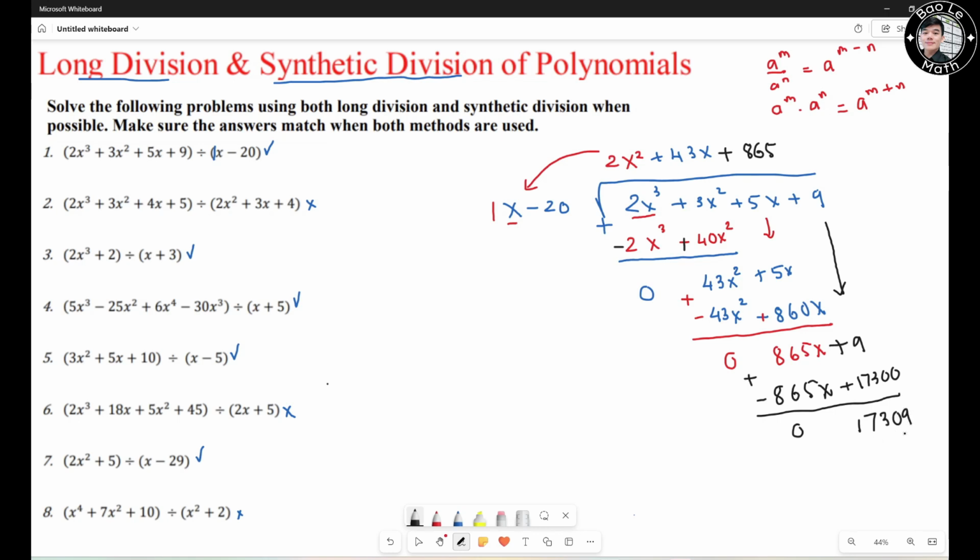This turns out to be 17,309, and this is the remainder. You cannot do anything else. So you write the answer as the quotient, 2s squared plus 43s plus 865.